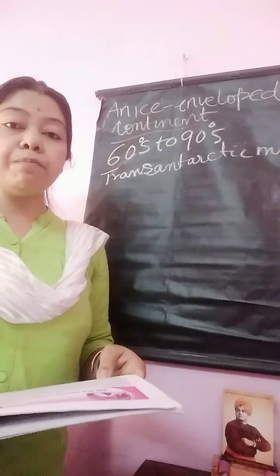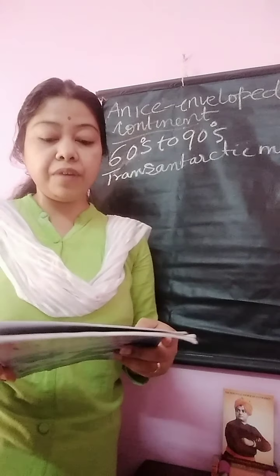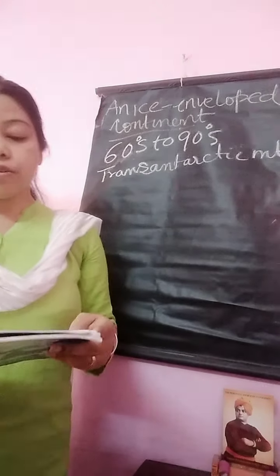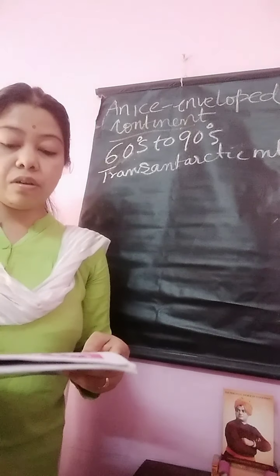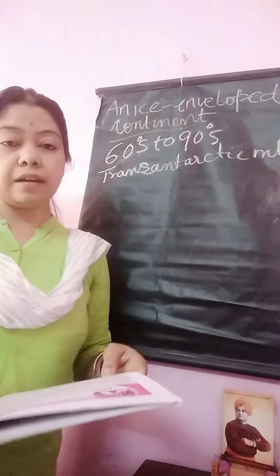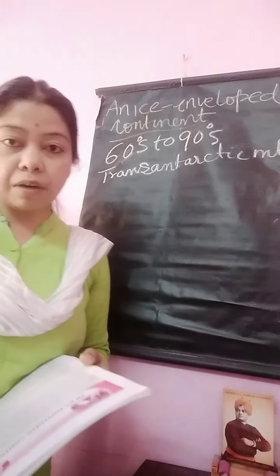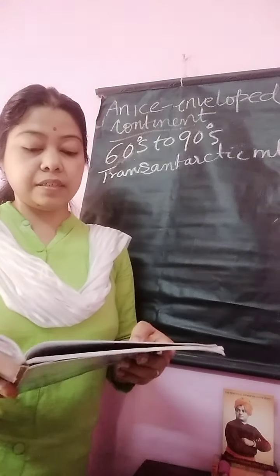These are the 2 important seas adjoining the continent. The portion to the west of the Weddell Sea is called West Antarctica, and the remaining part is known as East Antarctica. So the Trans-Antarctic Mountain divides Antarctica into 2 parts, East Antarctica and West Antarctica.